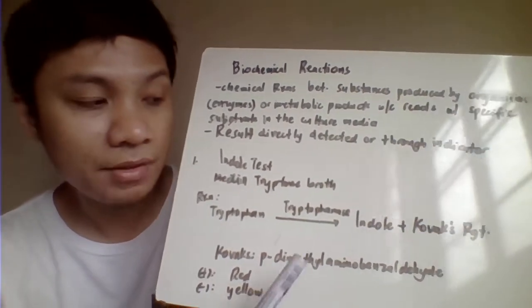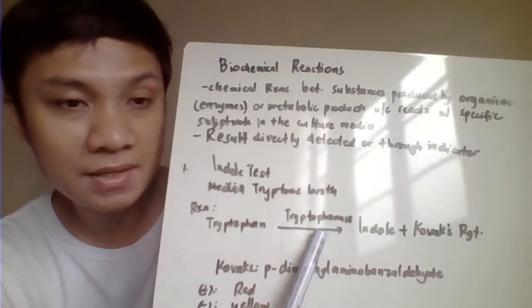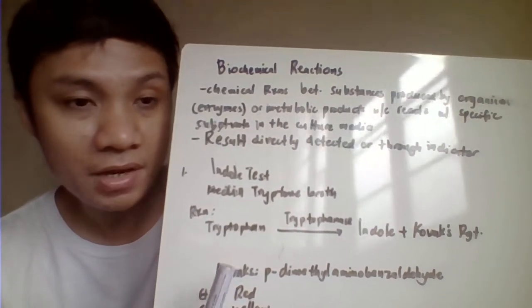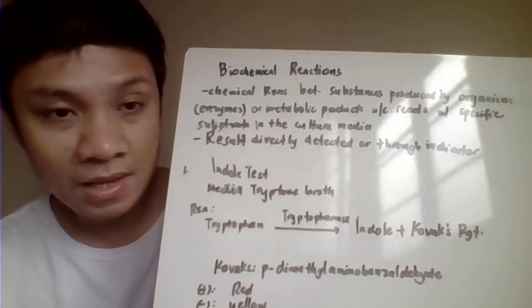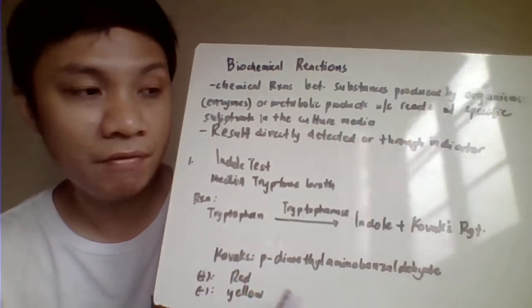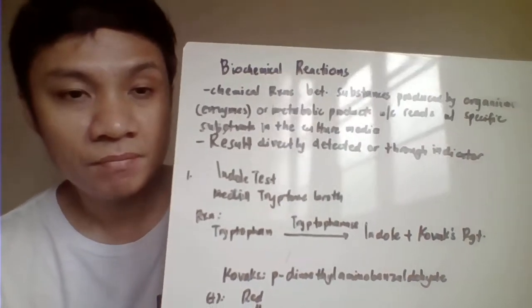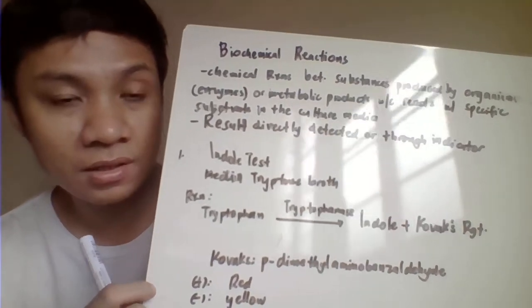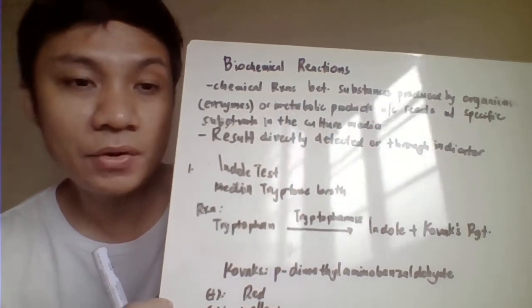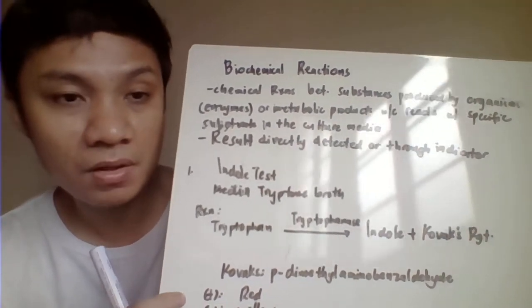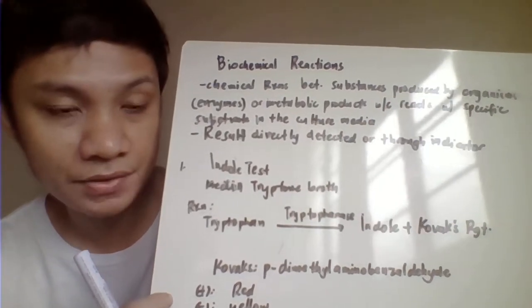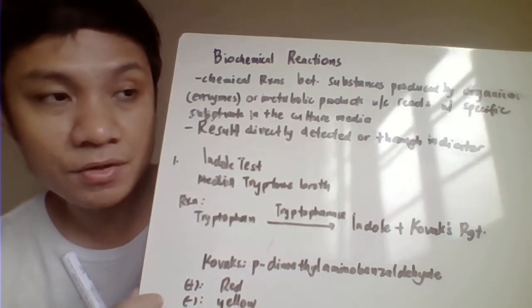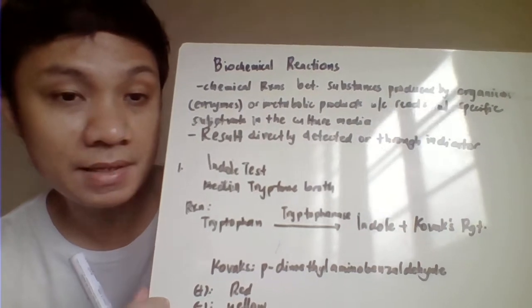If your bacteria contains the enzyme tryptophanase, it will convert tryptophan to indole, and upon addition of the indicator in the form of Kovac's reagent, it forms a red color. Red is a positive result, and yellow is the original color of the tryptone broth, and therefore it's considered a negative result. Kovac's reagent is para-dimethylaminobenzaldehyde.